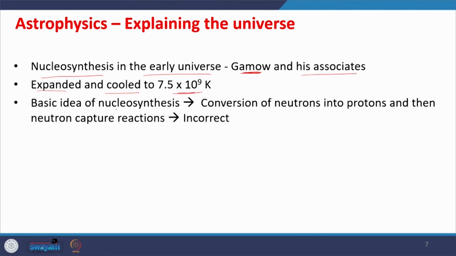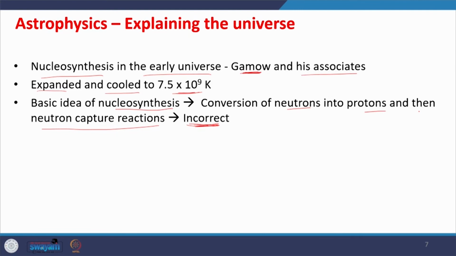The basic idea of the nucleosynthesis is conversion of neutrons into protons and then neutron capture reactions. This was the earlier idea, but later it has been proved to be incorrect. It is not the neutron capture reactions which are causing the formation of elements after the hydrogen.